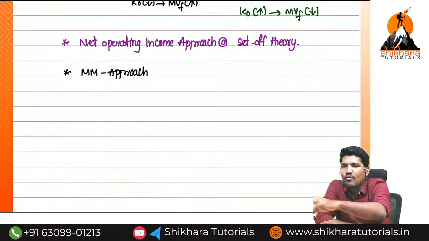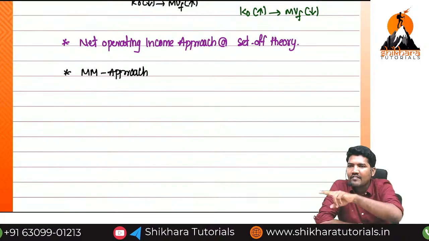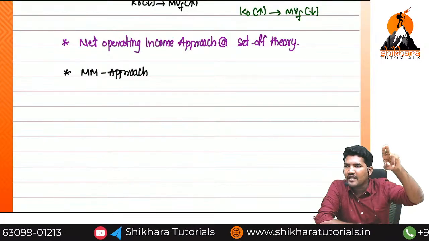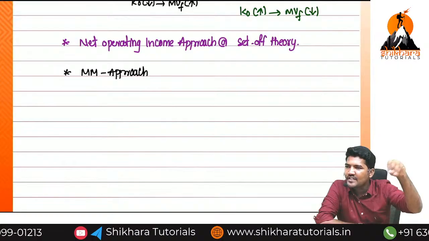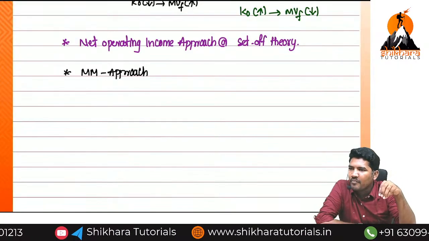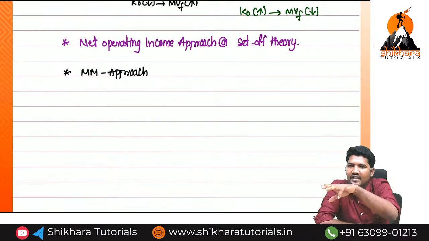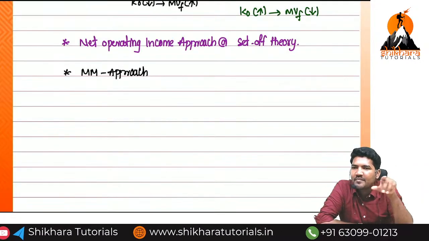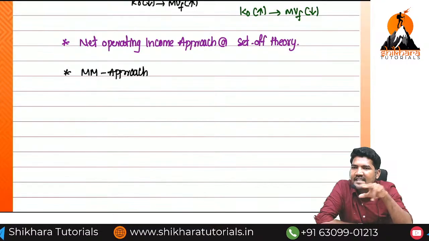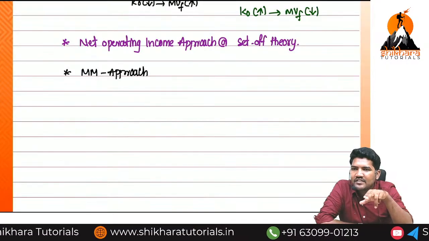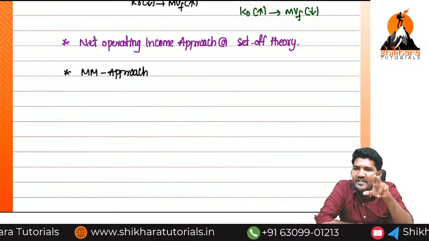Are you clear? Now what about the levered firm? The market value is increasing, the unlevered market value is decreasing. He will do the same again. What happens at one point of time? Unlevered value is decreasing, levered value is increasing. At one point of time, both company share prices are the same. Market value remains constant. Market value remains the same.